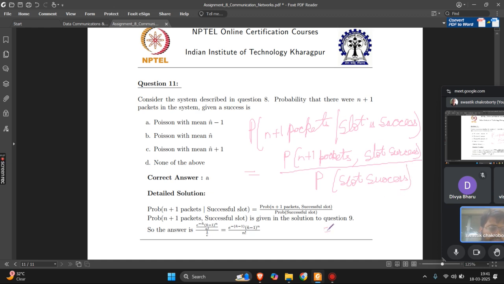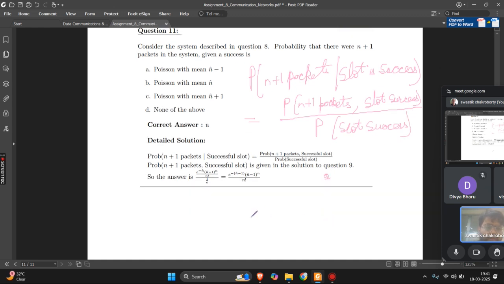Now, n plus 1 packets in the system, what is the probability of that? It's just Poisson.